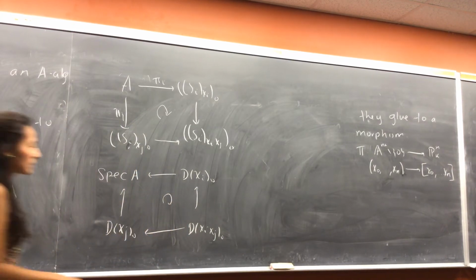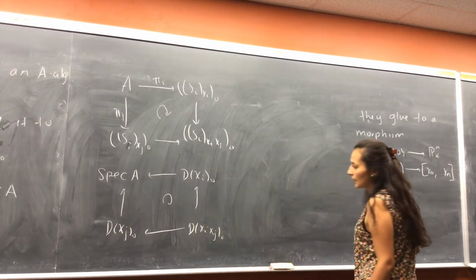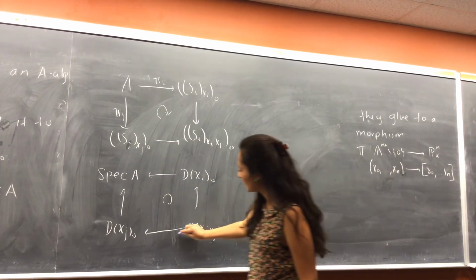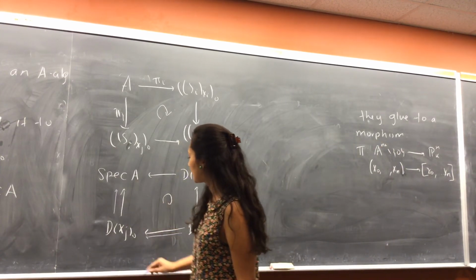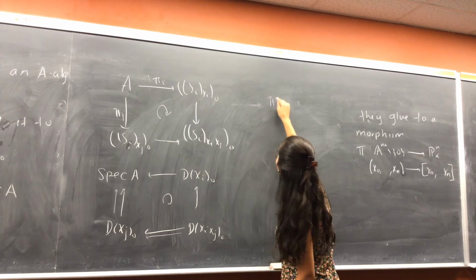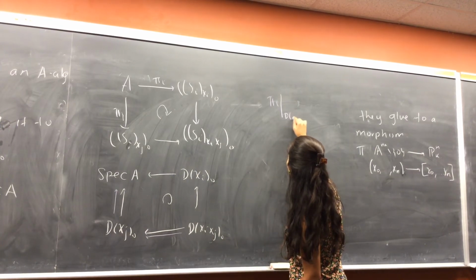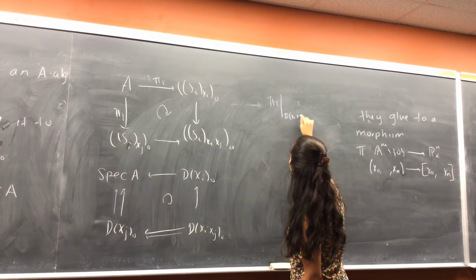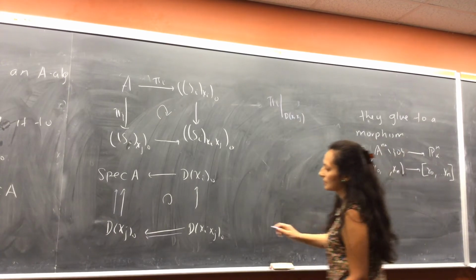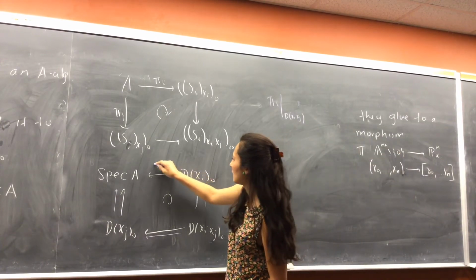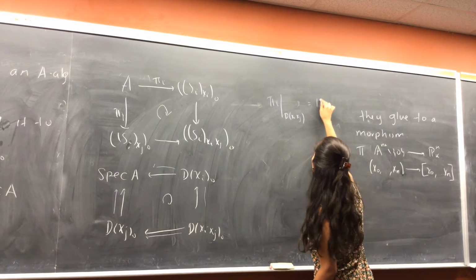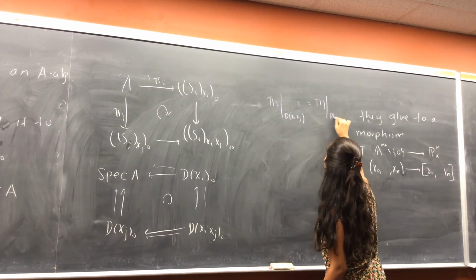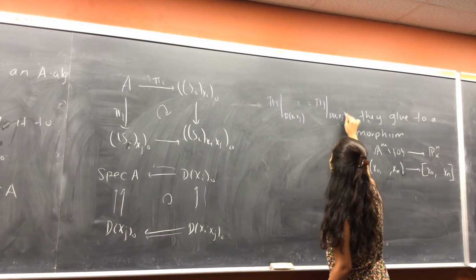And this part of the diagram here, for example, is pi_i restricted to the open D_+(x_i x_j). And if you go the other way, then that is the restriction to D_+(x_i x_j).